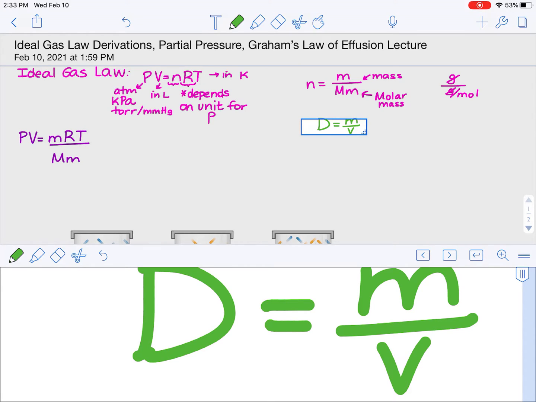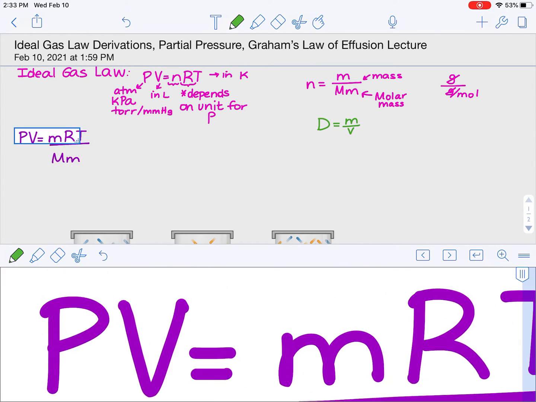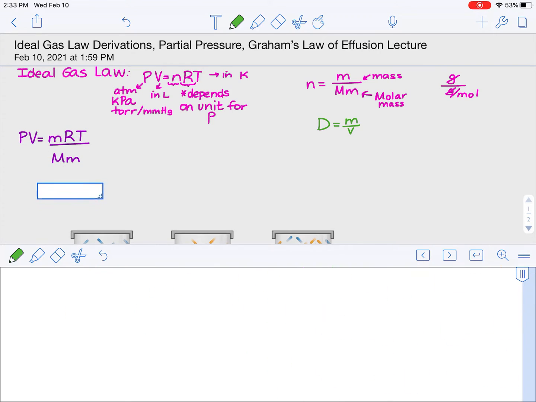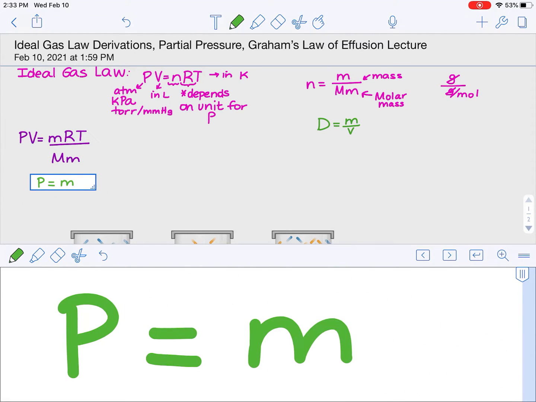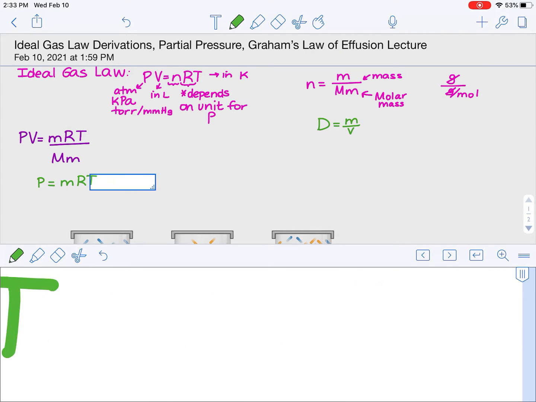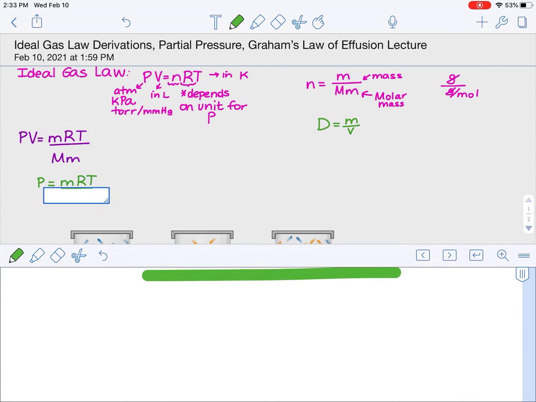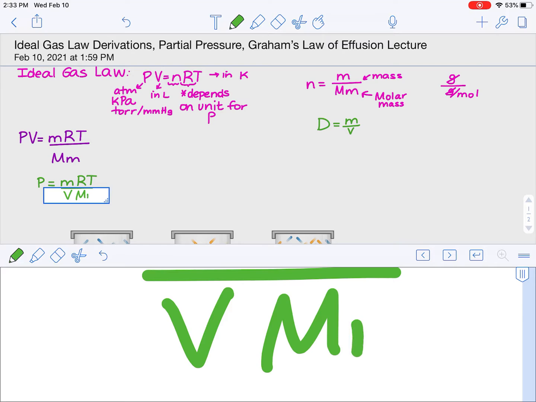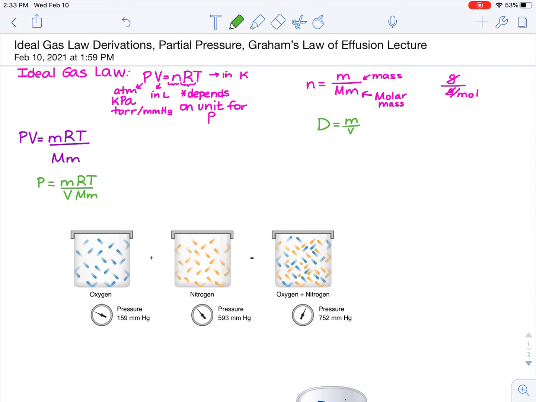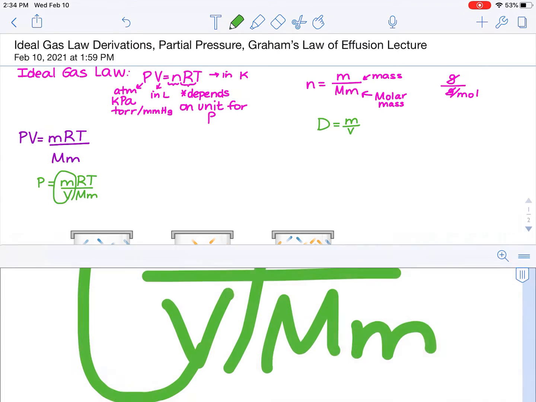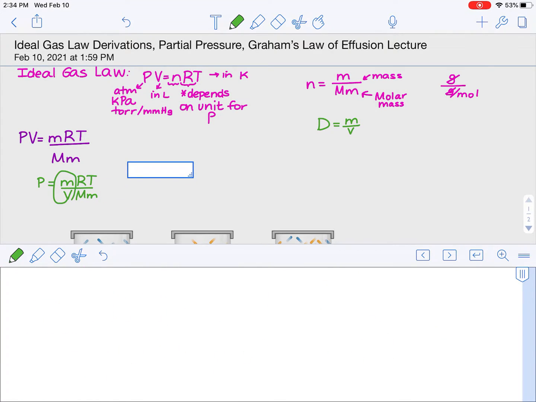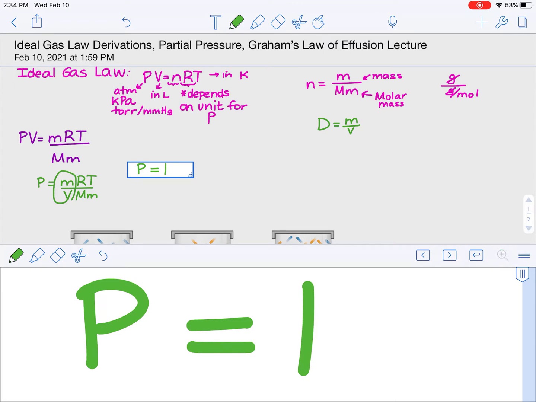We've learned earlier that density is equal to an object's mass divided by the amount of space it takes up, which is the volume. Looking at our equation here, if I divide both sides by volume, I get P is equal to mRT divided by V MM, and the mass over volume can now be rewritten as density.